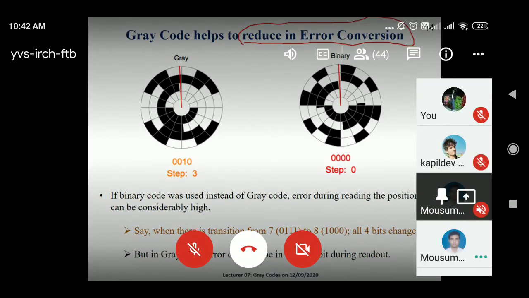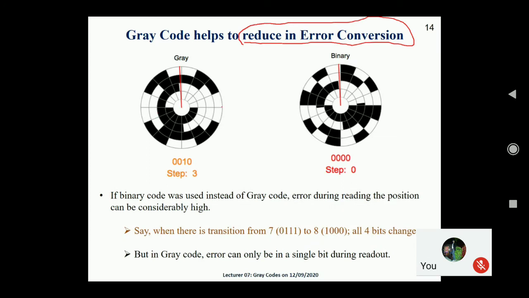Suppose what happens, see here. When it is 0, 0, this is white. Only two colors we are using, one is called white and one is called black. Suppose we represent black as logic 1, and white color we represent as a 0.